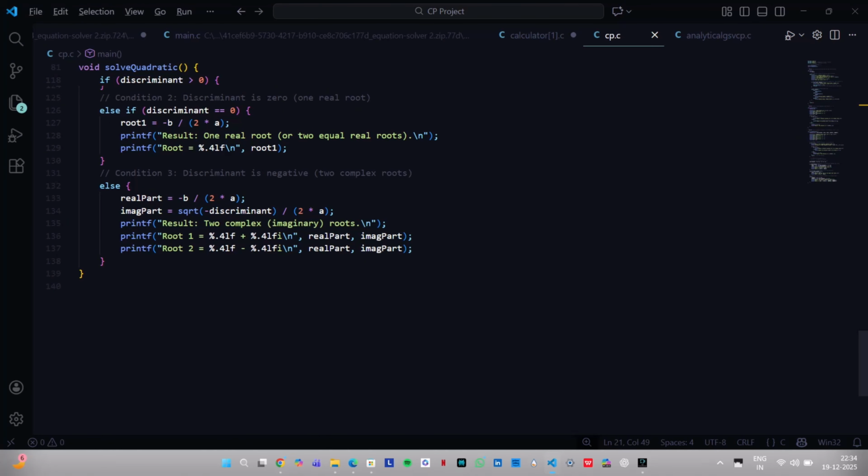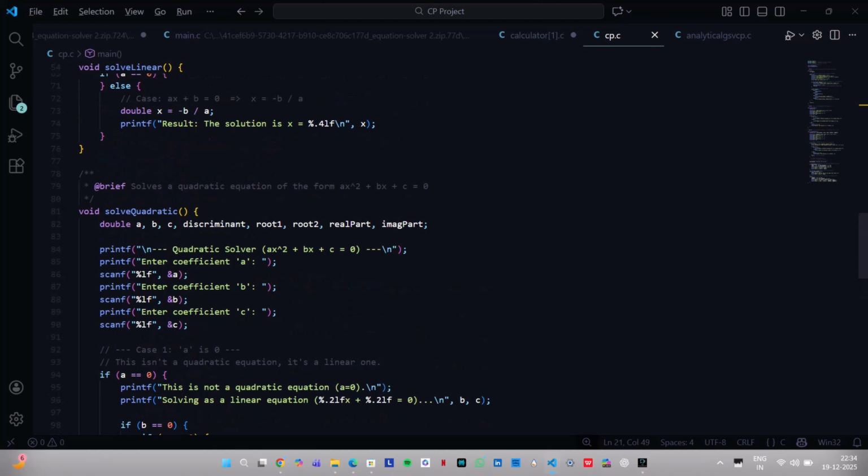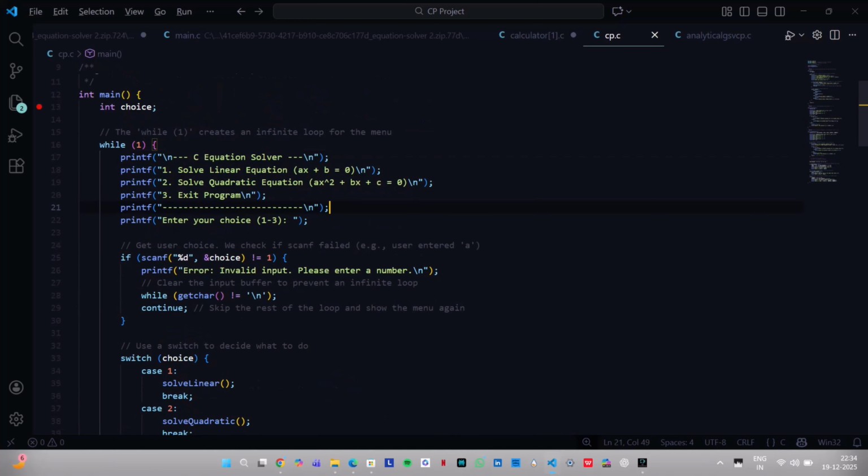Purpose of the program: the main purpose is to reduce manual calculation errors, save time, and provide fast and accurate solutions to equations. The logic uses basic programming concepts such as variables, operators, conditional statements, and loops to solve equations step by step. So we run this program now.